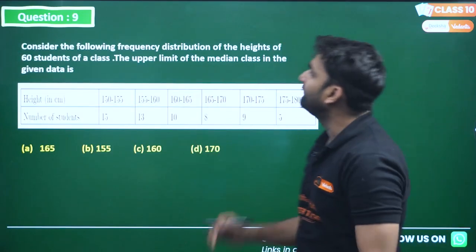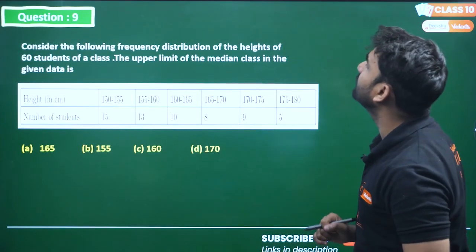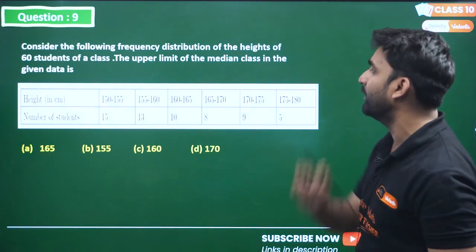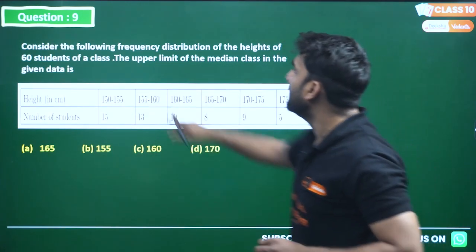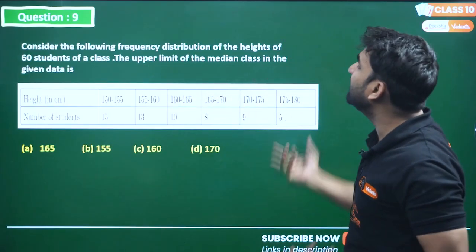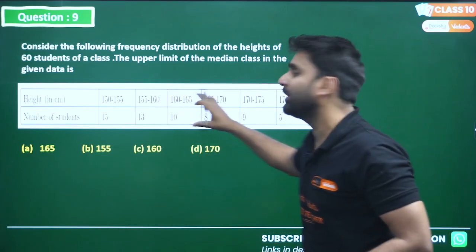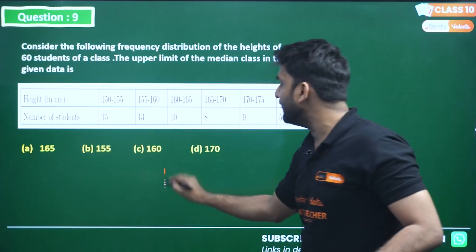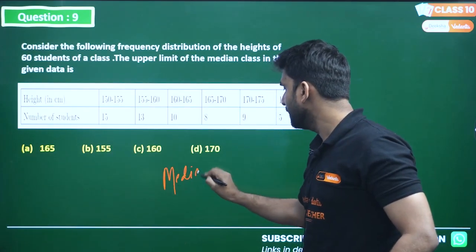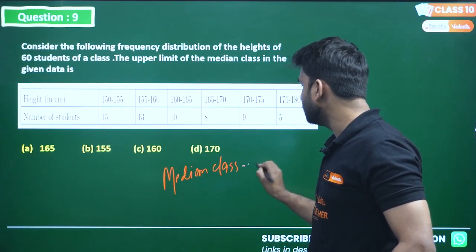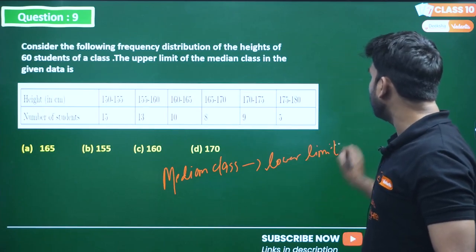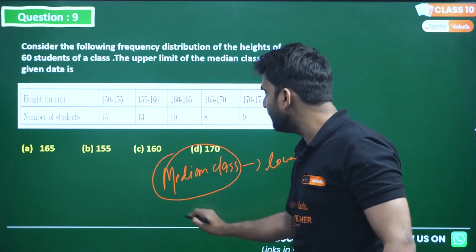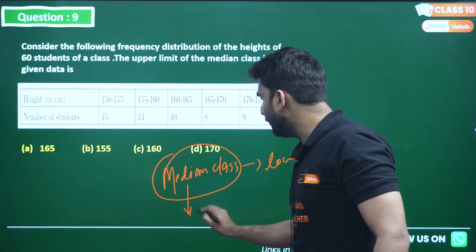Now, question number 59. Consider the following frequency distribution of the height of 60 students. Okay, so this frequency distribution table is given to you. The lower limit of the median class will be what? So we have to first find the median class, and after getting the median class, we have to find out the lower limit. You all know, my dear, to find the median class, first we have to make a cumulative frequency table.